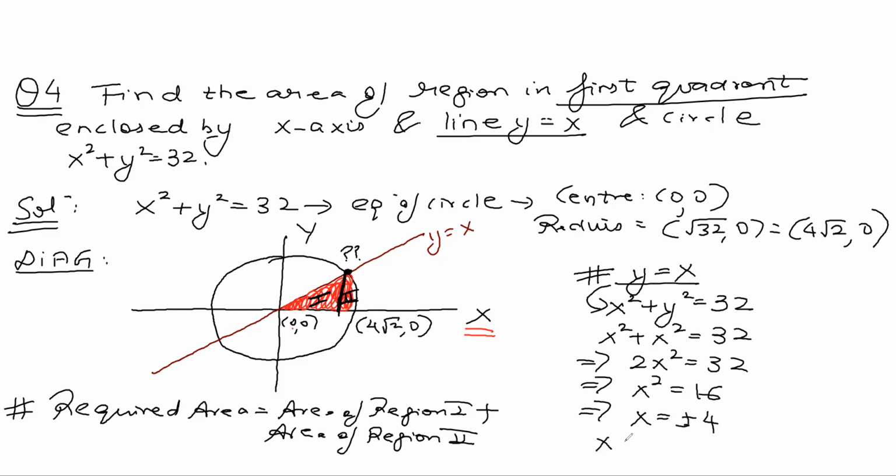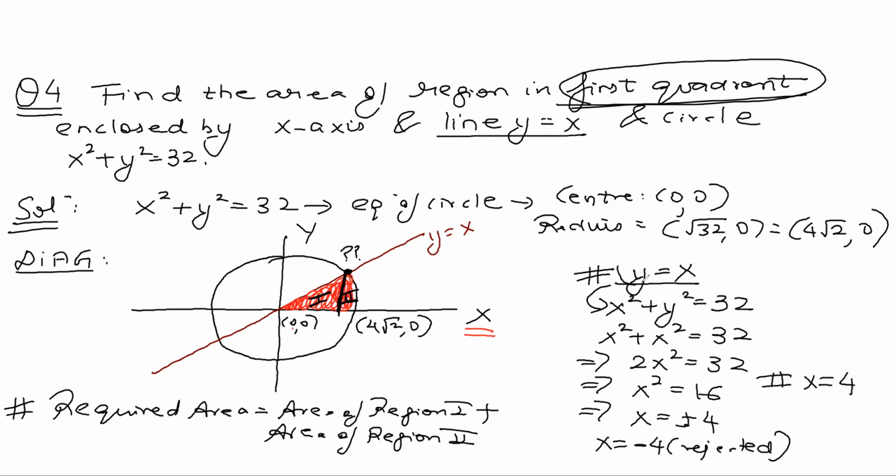Now x equal to minus 4 is rejected. Why? Because the question clearly says that we are in the first quadrant. So therefore, guys, my x is equal to 4. If x is equal to 4 and y is equal to x, y is also equal to 4. That means, guys, the point of intersection of the circle and the line is nothing but 4, 4.